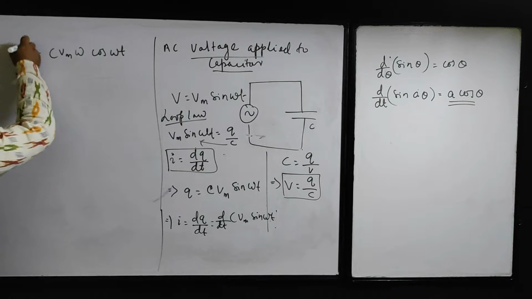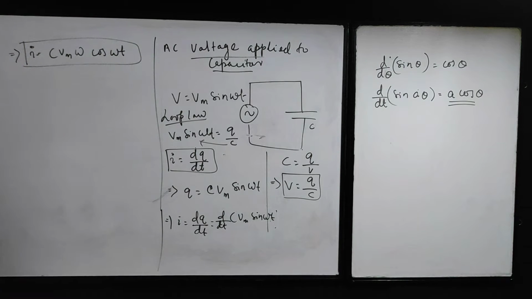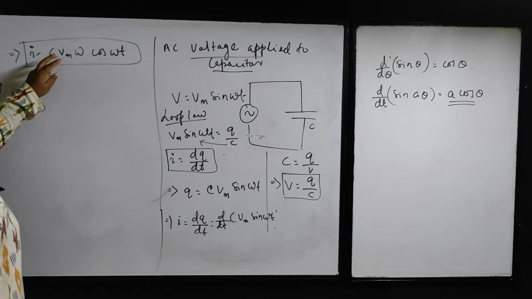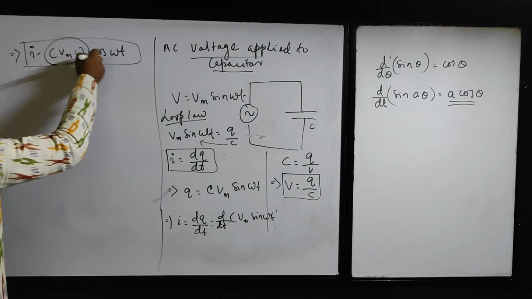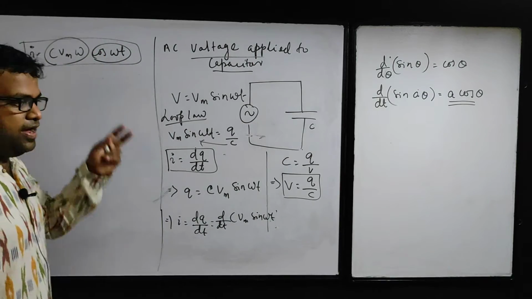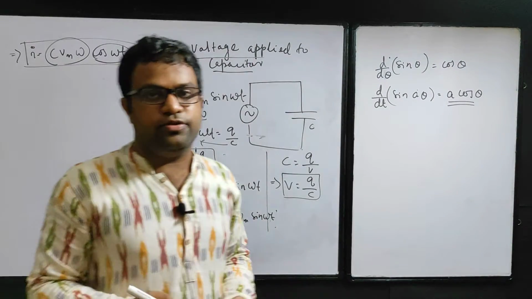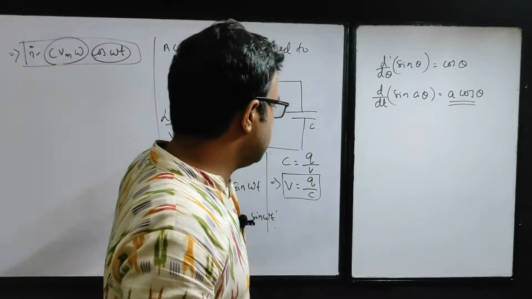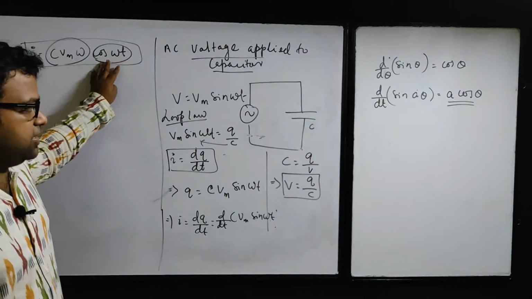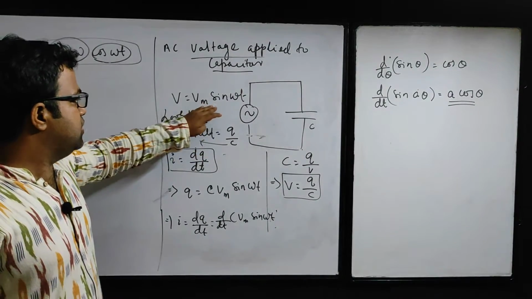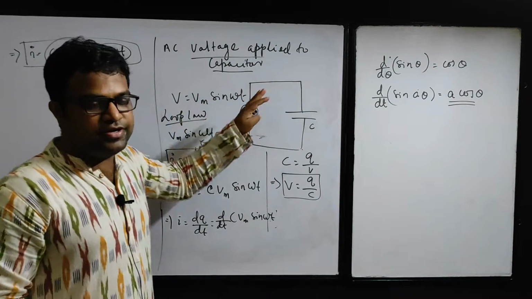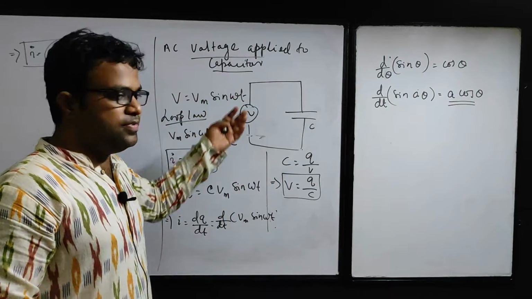Now this is the current you got, right? This is your amplitude part and this is your oscillating part, and I have to convert this current in terms of sine. Why so? Because if I do not convert it in terms of sine, I will not be able to compare, because my source voltage is in sine omega t form.